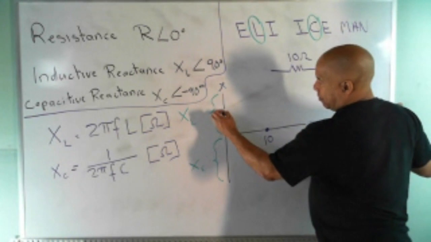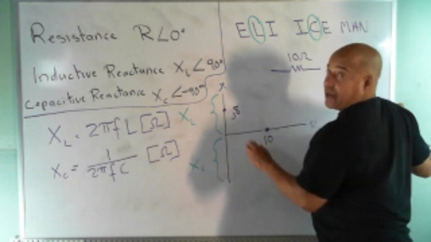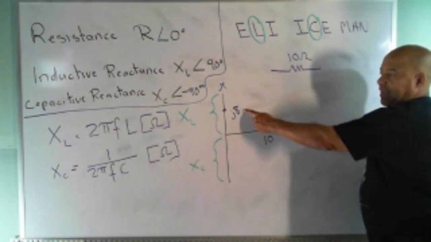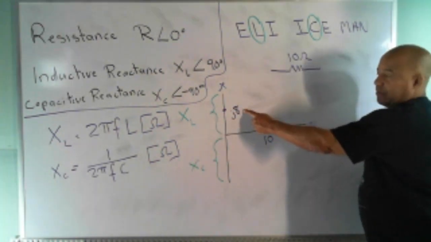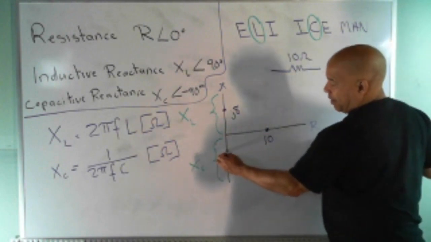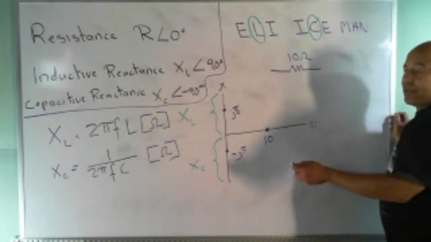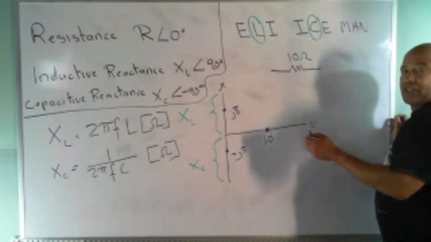If I have a value right here, let's say that that's 8, but it'll be a J8. That will mean I have an inductor with a value of J8 ohms. Or maybe if I have a value down here of minus J5, that would mean I have a capacitor whose value is minus J5 ohms.